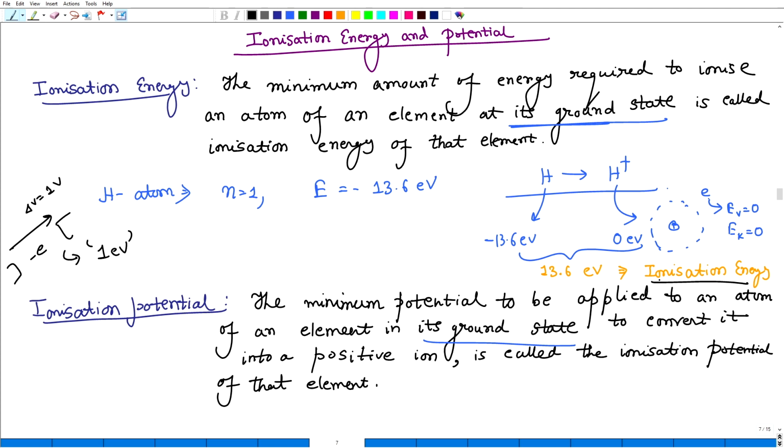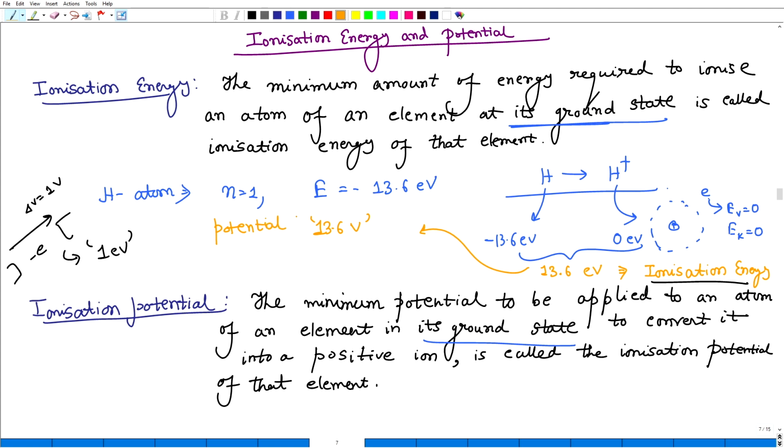Now to kick out 1 electron from the hydrogen atom, we need 13.6 electron volt. That means there is only one electron, so we have to provide 13.6 volt potential.